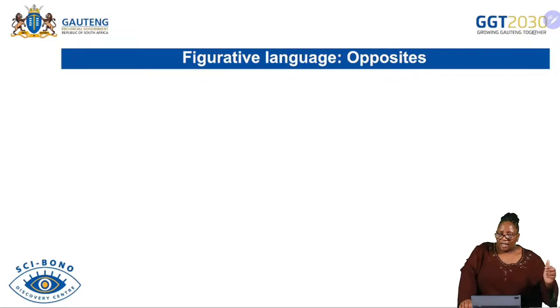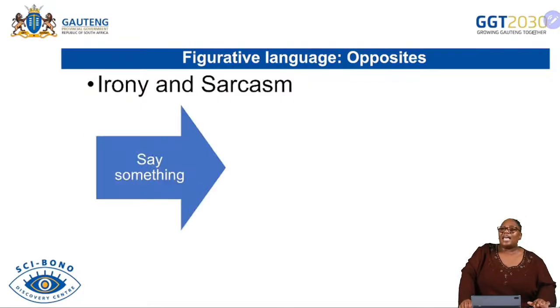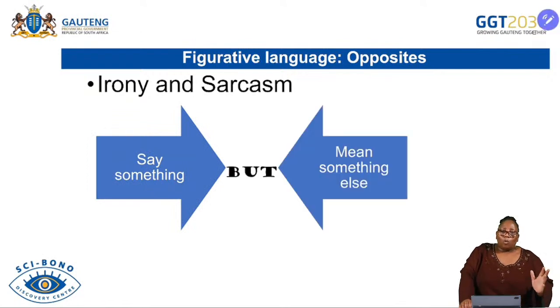The first part of the figures of speech, comparison. The second part is opposites. Two of them describe opposites. We have an irony and we have sarcasm. What is irony?